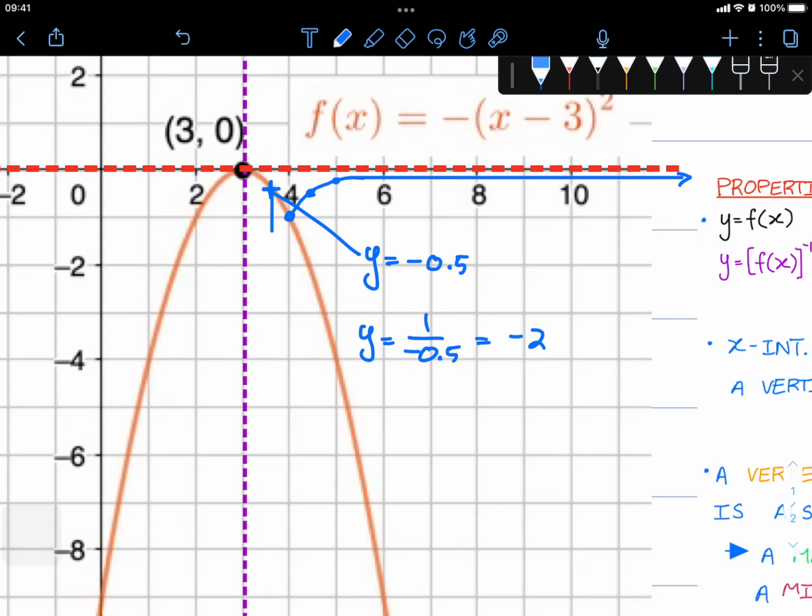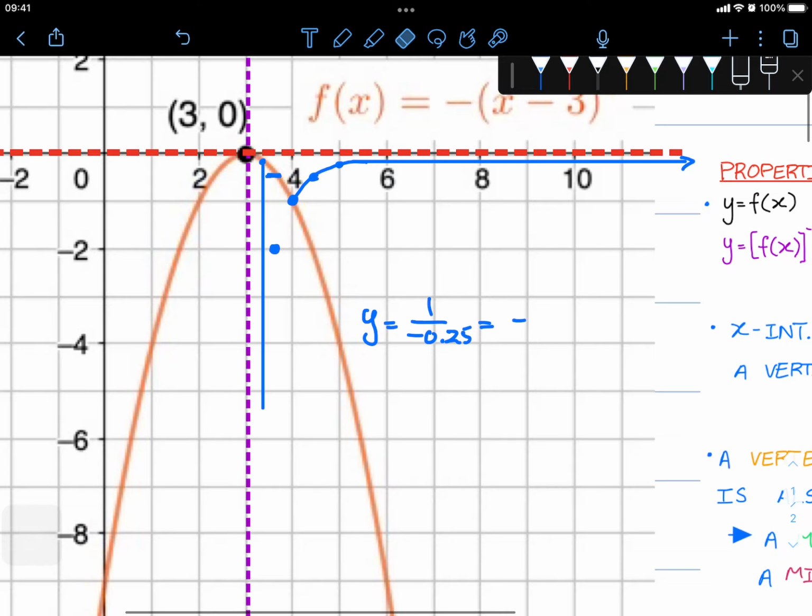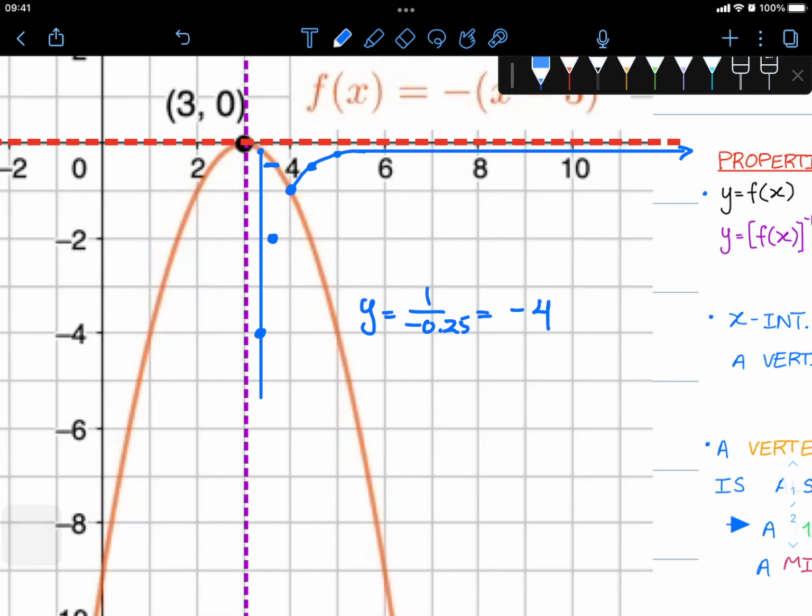So at this point, it will become -2. So that's half. This is a quarter from the looks of it. At a quarter, so 1 over -0.25 will become -4. So this point will become here.